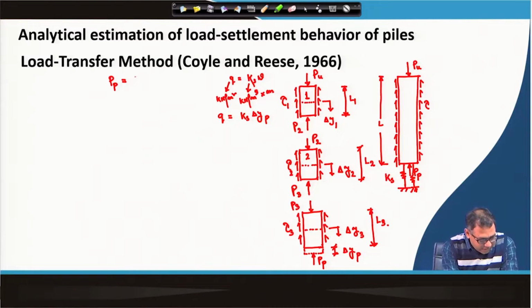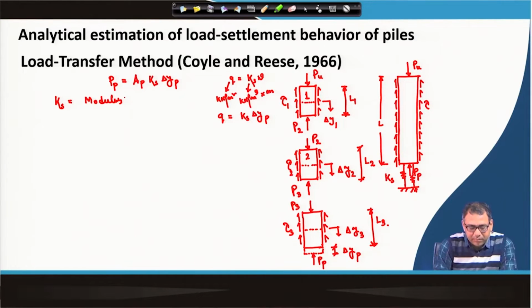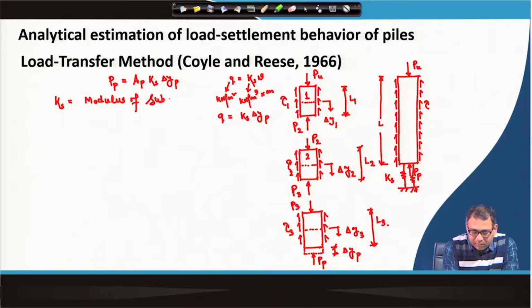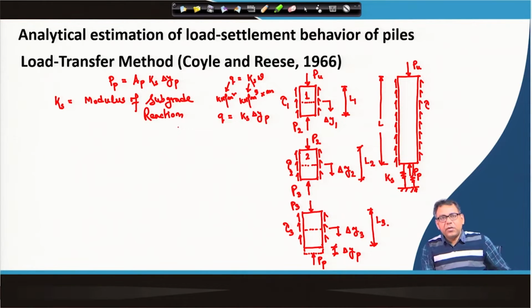So, finally, I can write this as Ap into Ks into del yp, where Ks is the modulus of subgrade reaction. So, this is the modulus of subgrade reaction.